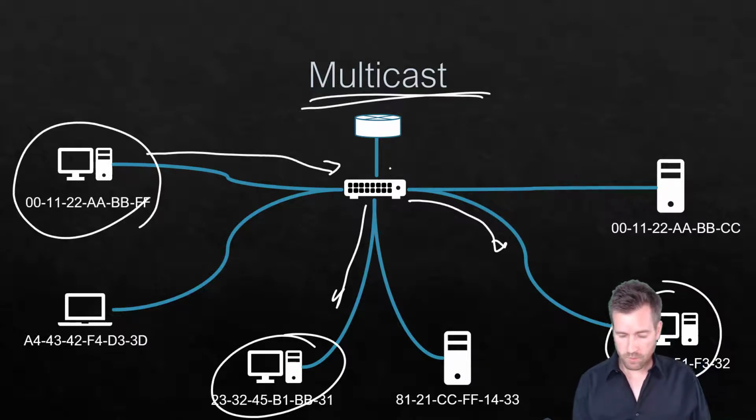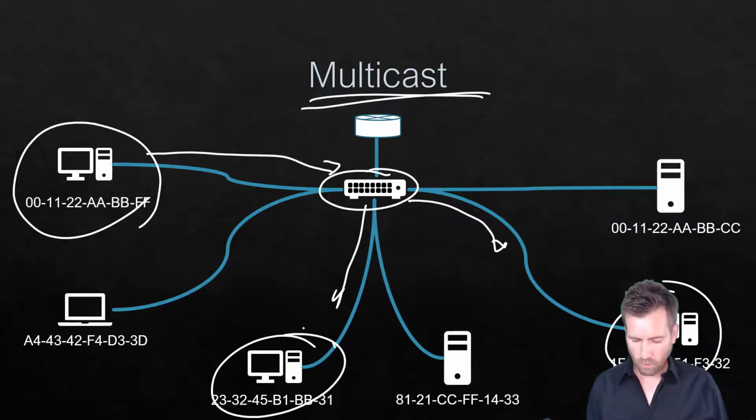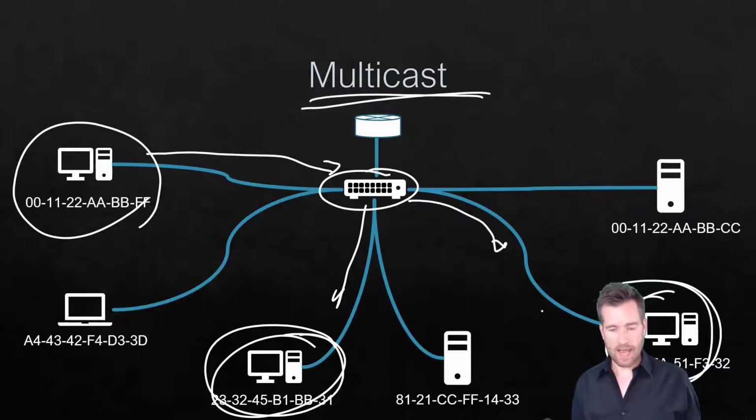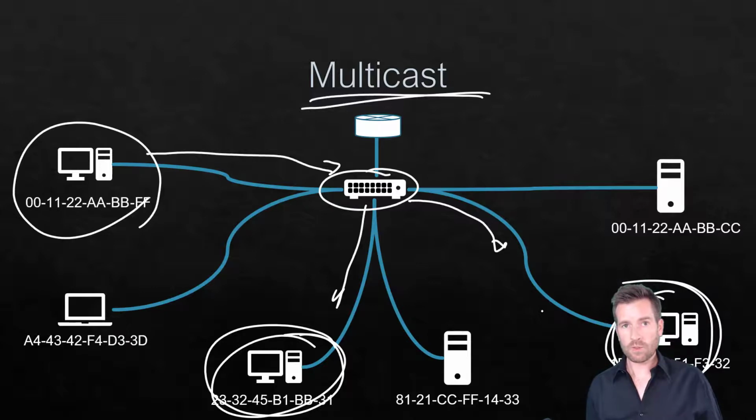Of course, this switch does need to know which ports to send to based on that multicast address, and it will do that in several different ways. You can either program the switch to do multicast on certain ports, so that switch knows which ports to send it out.